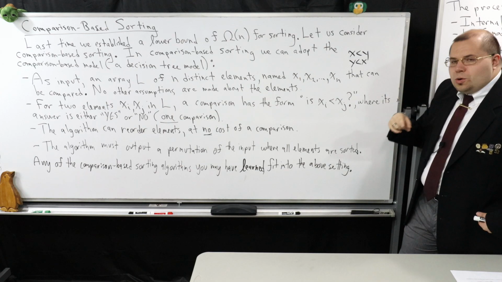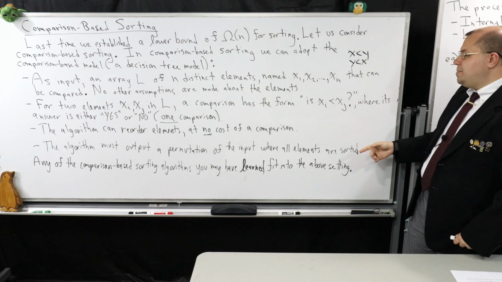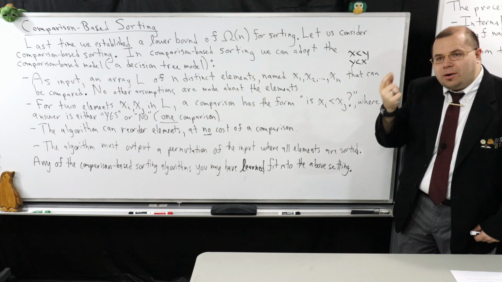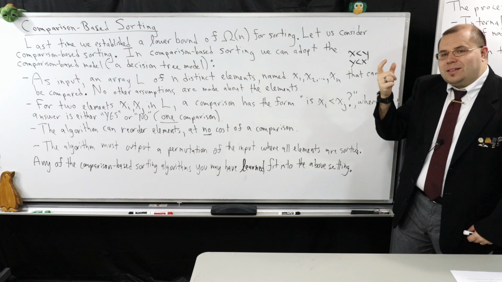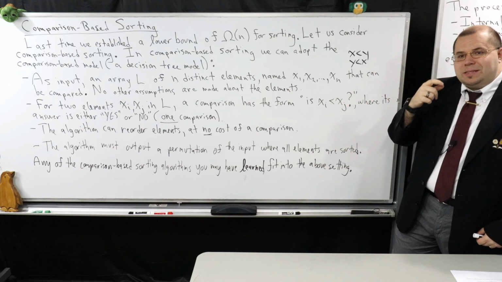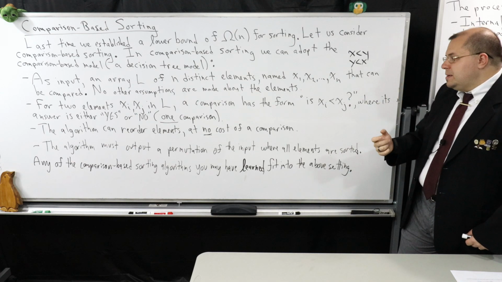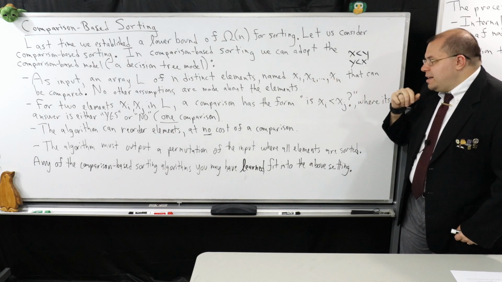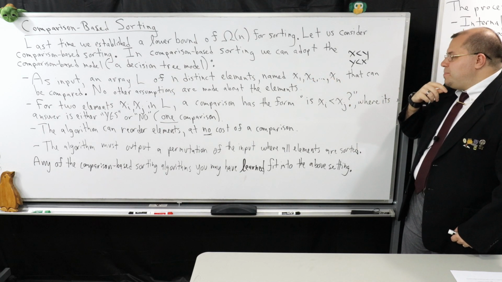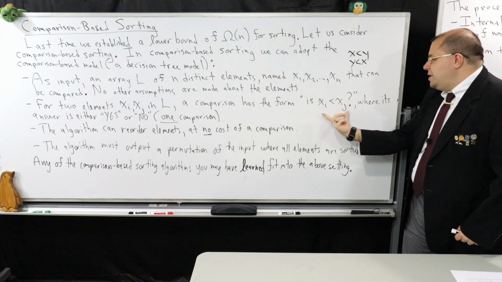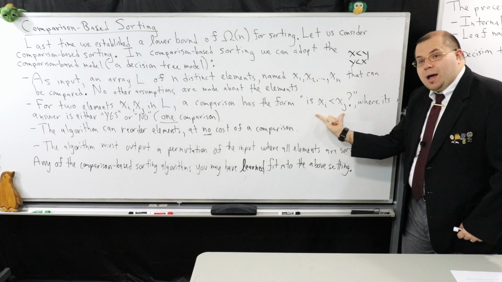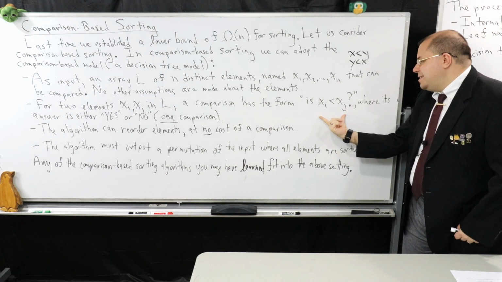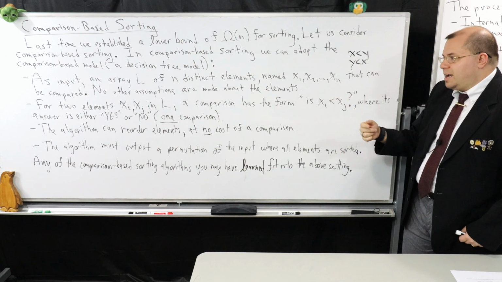Now, the word comparison comes from the idea that I can form a comparison. I don't know exactly what's going to come as a result of the comparison, but this comparison has to happen. I'm going to consider any two elements in L, and I'll say that a comparison happens if this kind of query happens: is xi less than xj, for two elements xi and xj.